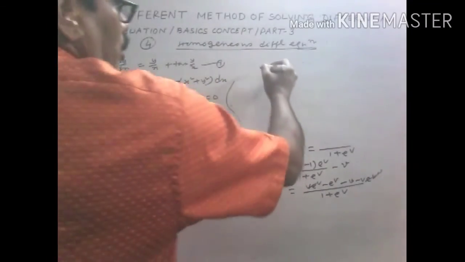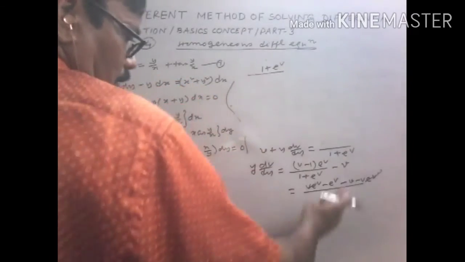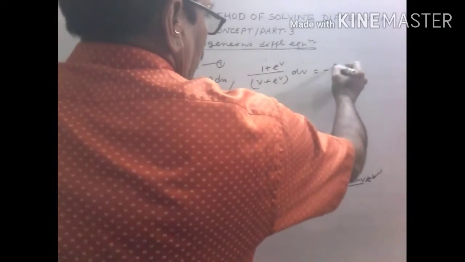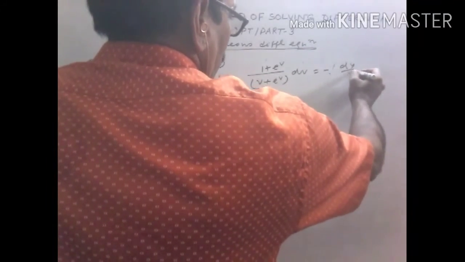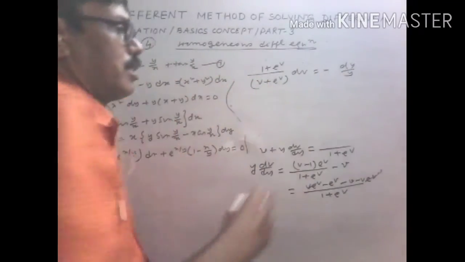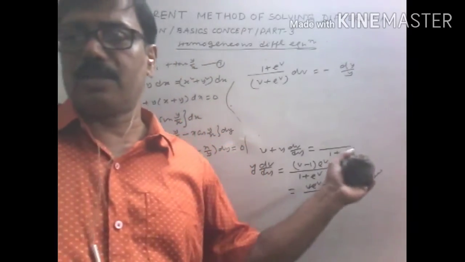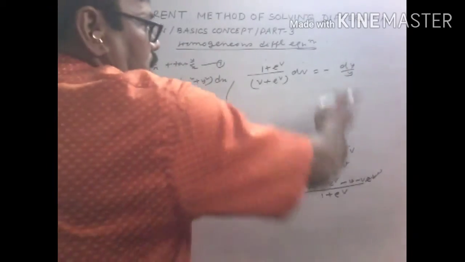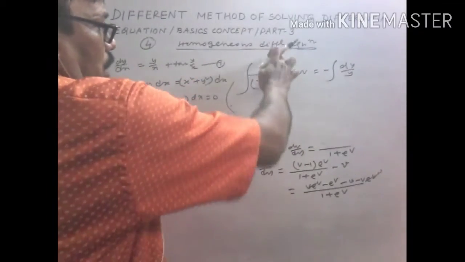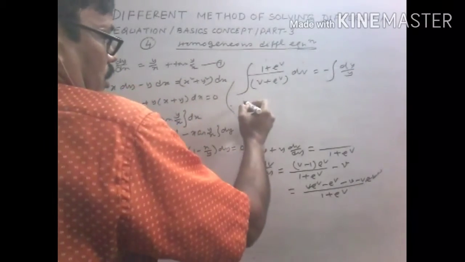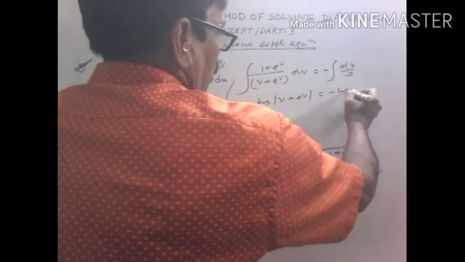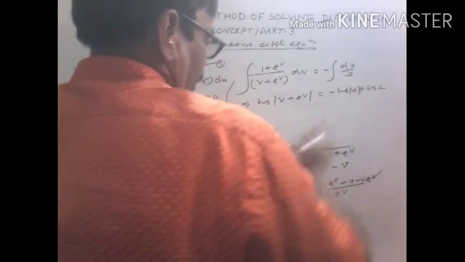Now look, you separate the variables: (1 + e^v)/(v + e^v) dv equals minus dy/y. So dy goes to the right hand side with y. If it is homogeneous, the right hand side must be dx/x or dy/y. So this minus is on the right hand side. Now look, the derivative of 1 + e^v is the numerator. So if it is φ(x), then it is φ'(x). So log(v + e^v) equals minus log y plus log c.